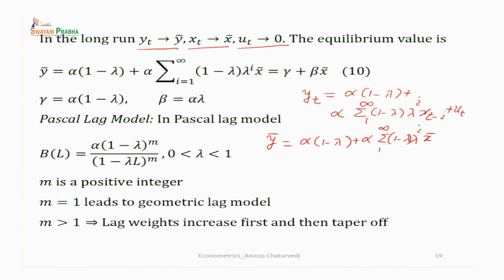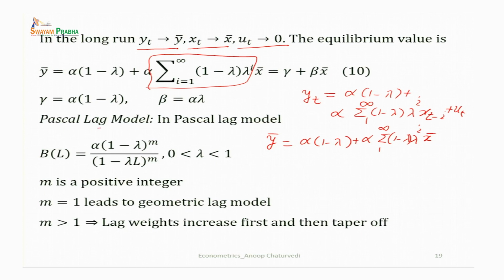You can easily obtain the value of gamma and beta. Gamma is equal to alpha into (1 minus lambda), and beta is equal to alpha into lambda. Just take the summation of (1 minus lambda) into lambda to the power i. So, you get this value of beta.